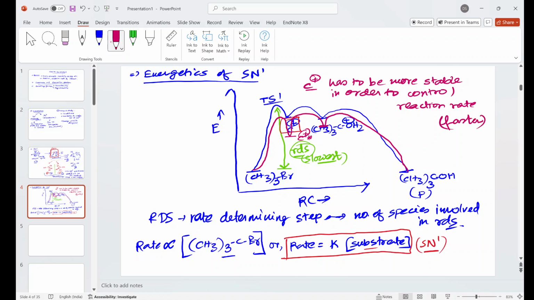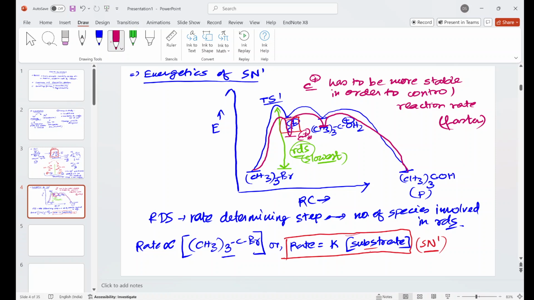So you can see that in SN1 you have only the substrate that you can vary. If you vary any other constant, like the nucleophile or the solvent, this has very little effect on the reaction rate, because the reaction rate directly depends on only the substrate concentration.